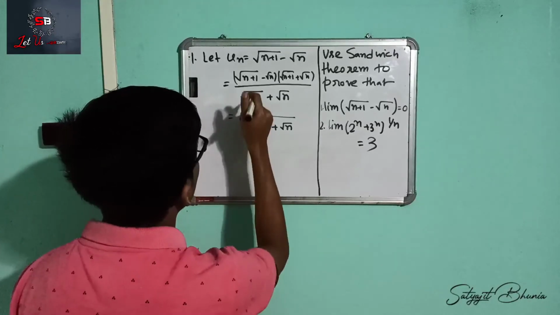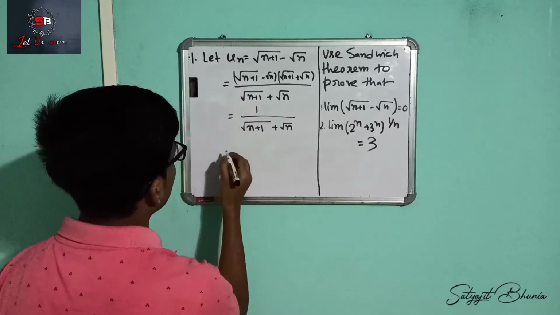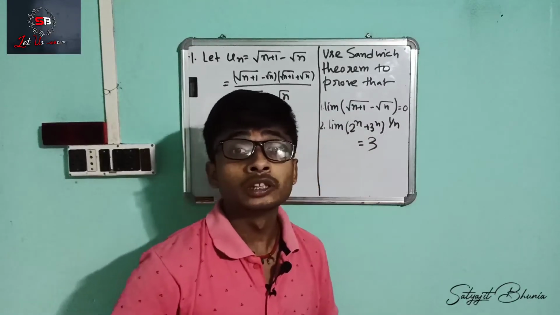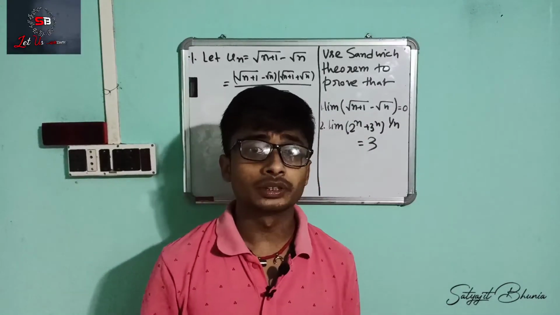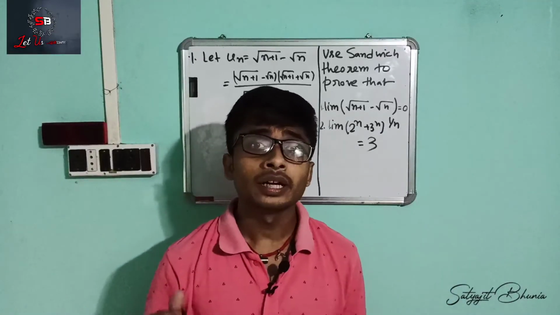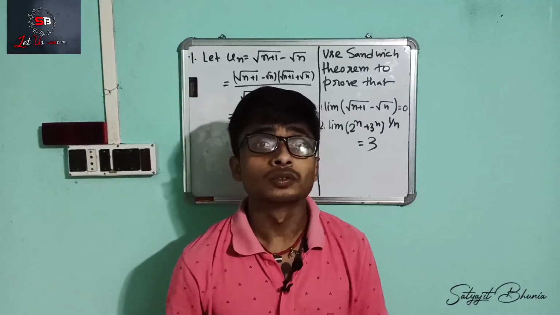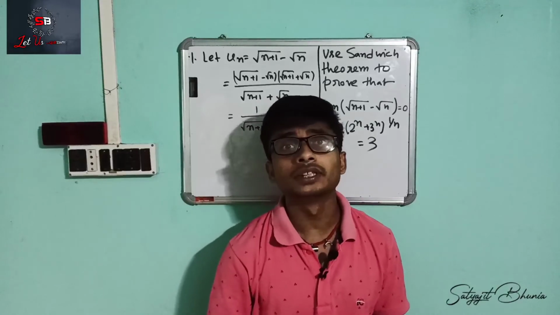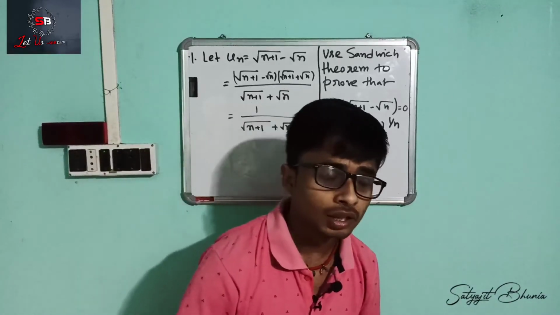So again un is equal to this. For the sandwich theorem, we have to find some vn and wn such that vn is less than un less than wn, and limit vn is equal to limit wn. So from the sandwich theorem we can say that limit un also converges to the same limit.